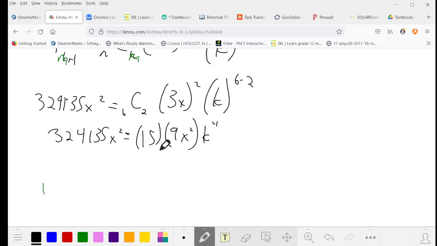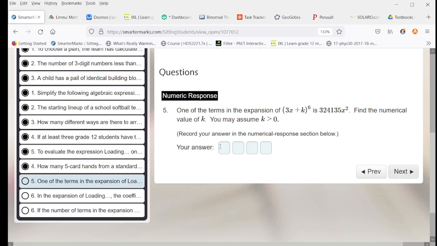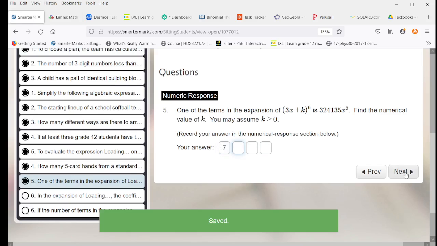So if we divide both sides by 15 and by 9x squared, 324,135 divided by 15 and divided by 9 gives us 2,401, and that is our k to the 4th. So it is 7 raised to the exponent 4. That gives 2,401. So our k is 7.